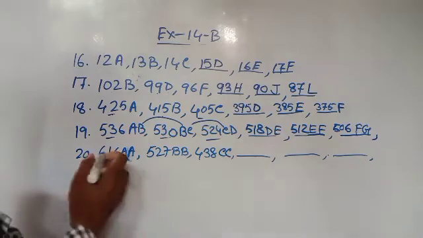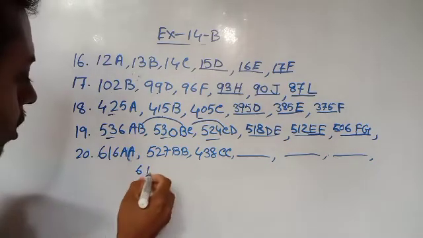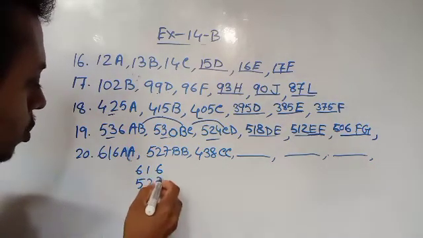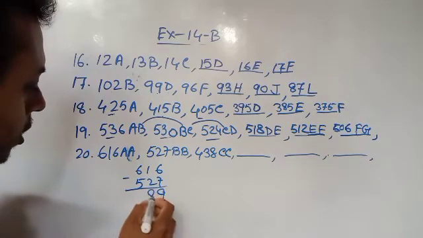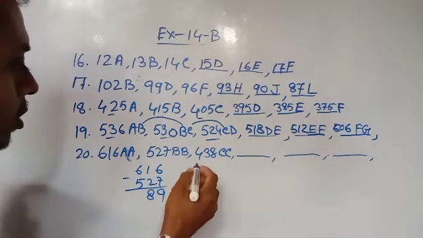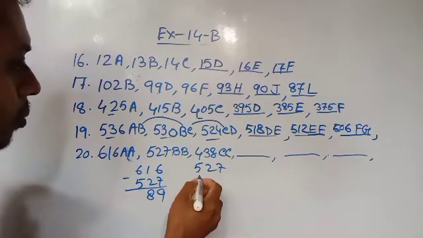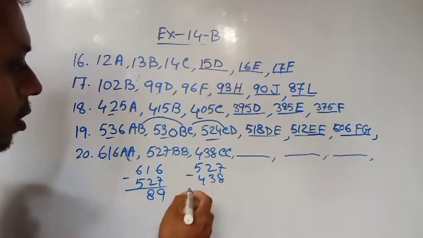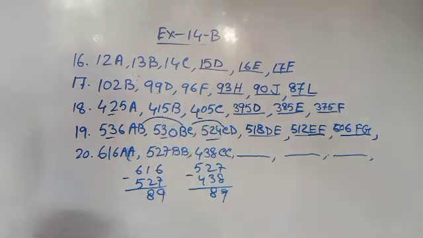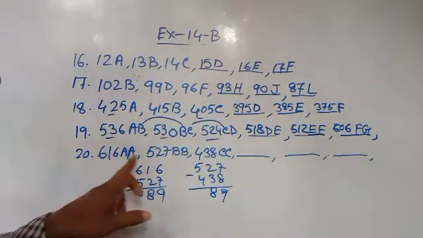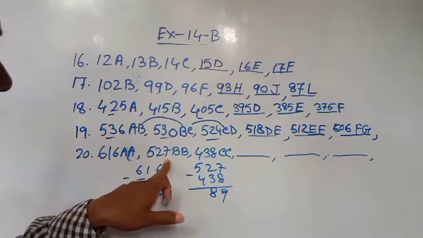First you calculate the difference between these two. 616 and 527, the difference will be 89. Here also you see 527 and 438, the difference will be 89. So from the first number, if you subtract 89, then you will get the second one.